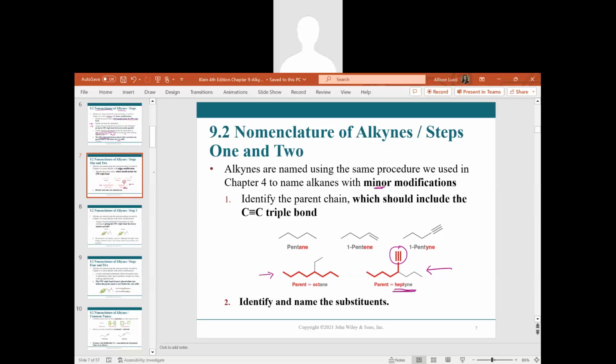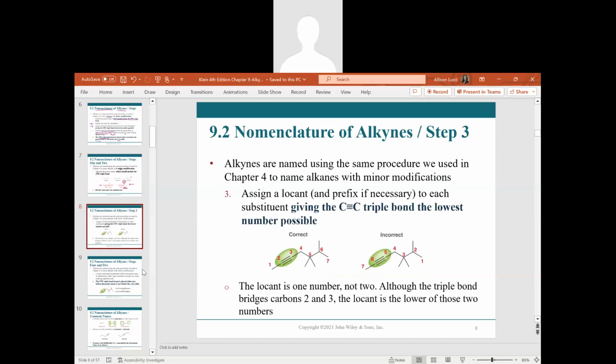So we have a prefix for 7. Our ending YNE is included because we have our triple bond. So step 2 we're going to look at would be to identify and name any substituents. And if we need to, we also have to assign locants or prefixes to each substituent.